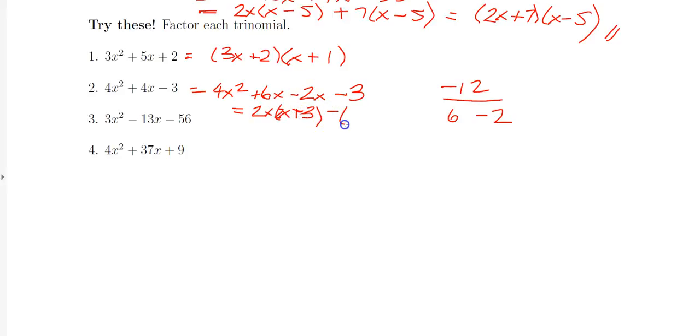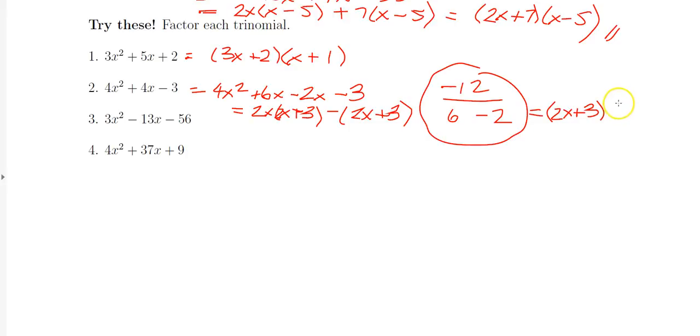And negative 1 is a common factor from the second 2 terms. So I'll just continue over here. So what will happen is we will have 2x plus 3 as a common factor multiplied by 2x minus 1.